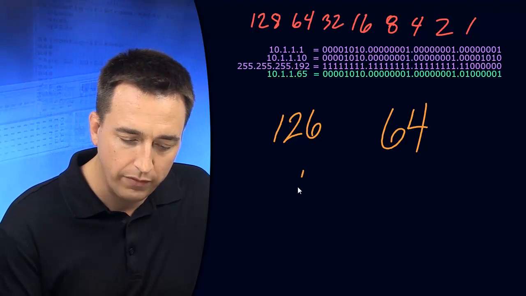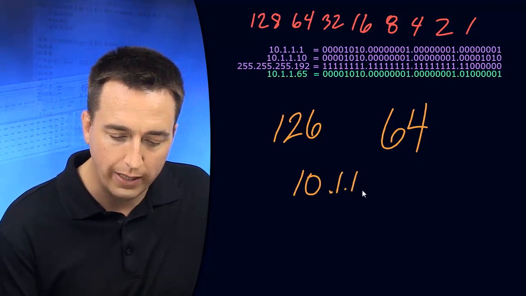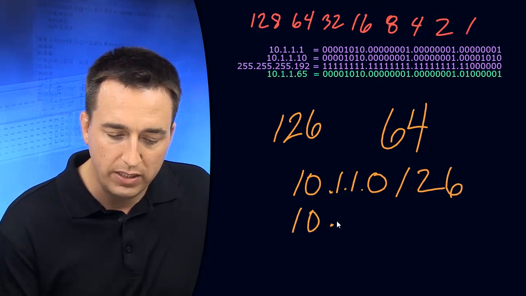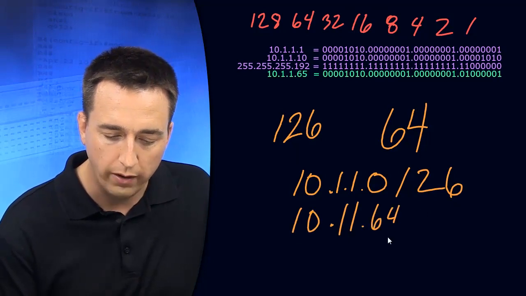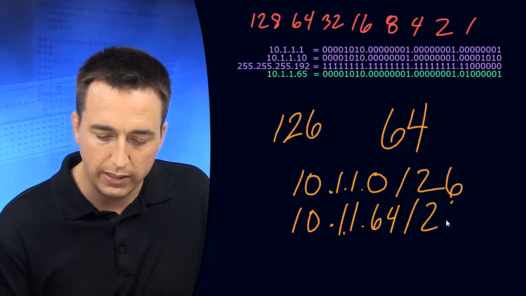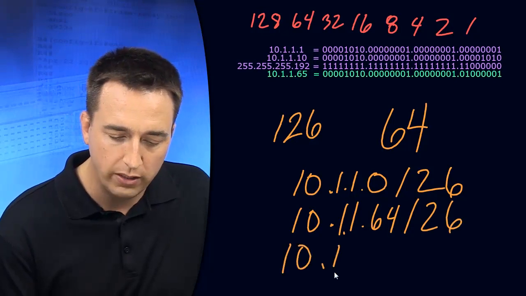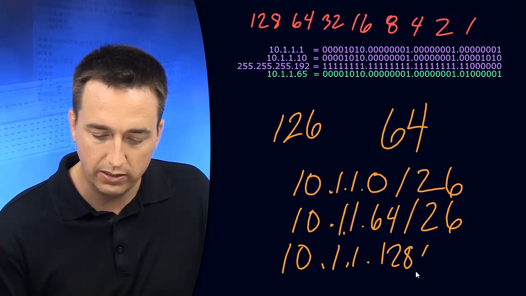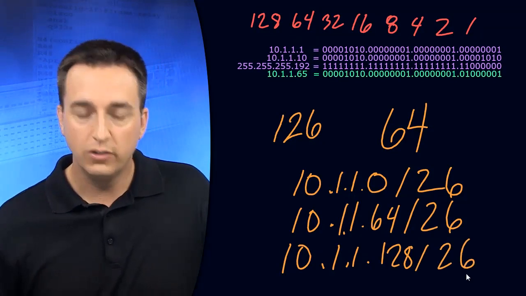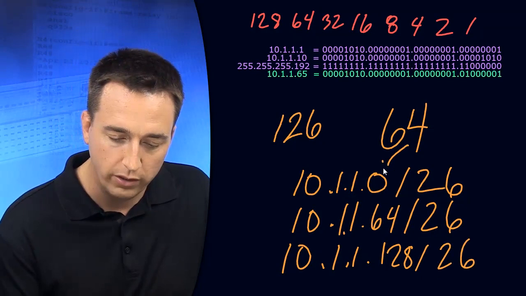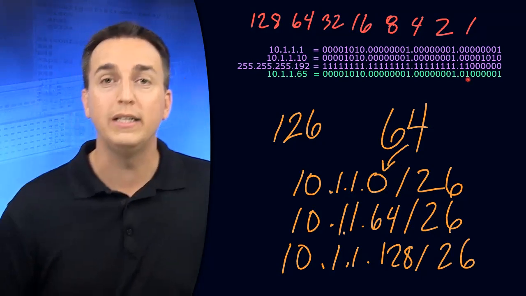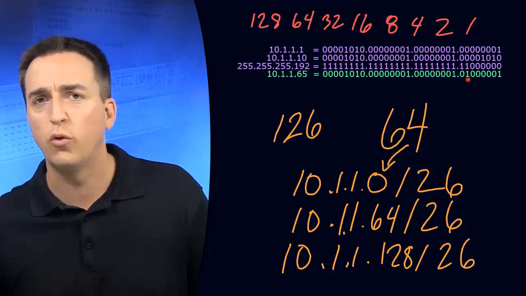So in our case, we have the 10.1.1.0/26 network, and the very next subnet would be 10.1.1.64/26, and the next one would be 10.1.1.128/26. All we're doing is counting by 64 in the fourth octet, based on the fact that the subnet mask is a /26 and that very last one falls within the fourth octet.